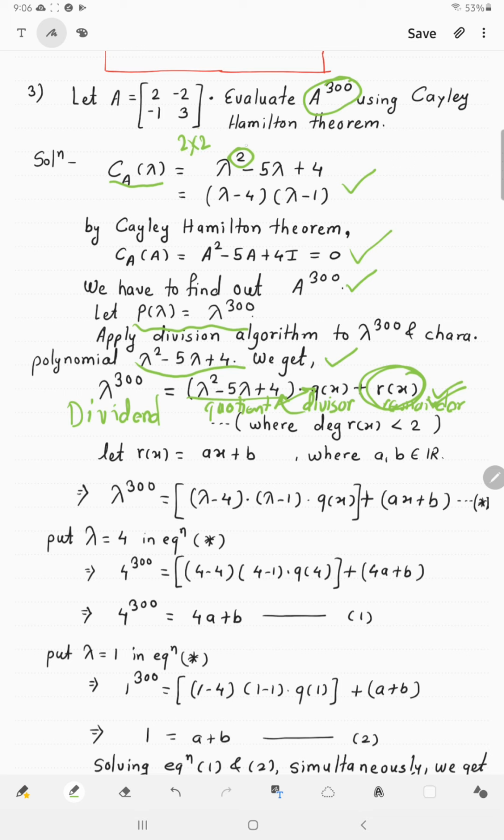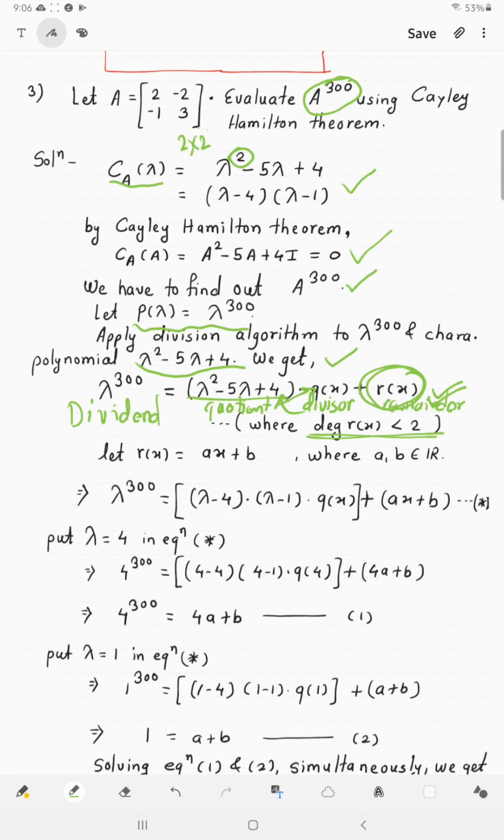If the matrix is 3 by 3, the first term will be lambda cube. If we have a 4 by 4 matrix, in the characteristic polynomial we will have lambda raised to 4. So the degree of R of x is always less than the order of the matrix, or the maximum degree of the characteristic polynomial.